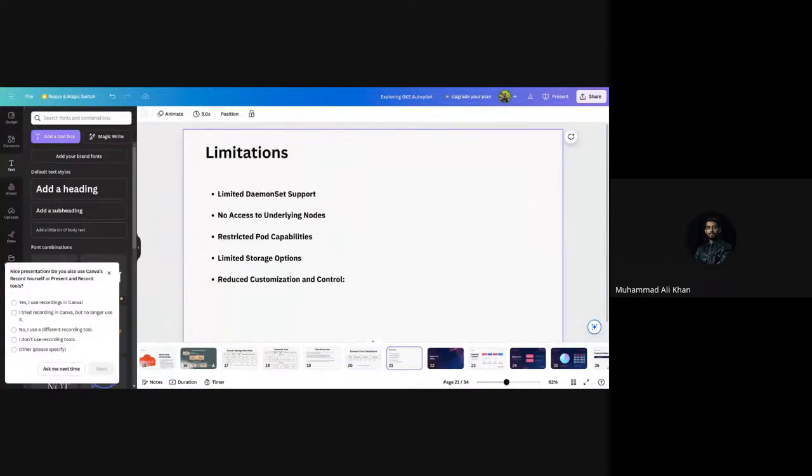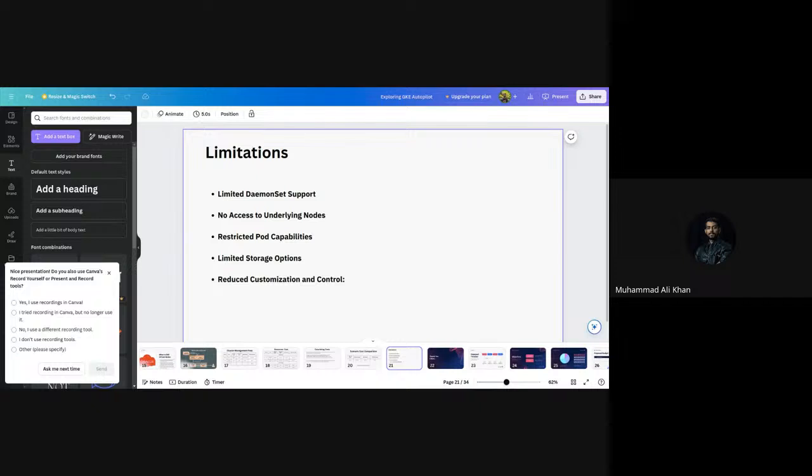Okay, so when we are using Kubernetes serverless offerings for our needs, there are some limitations. First, there is no daemon set support on most of these serverless offerings except GKE Autopilot.